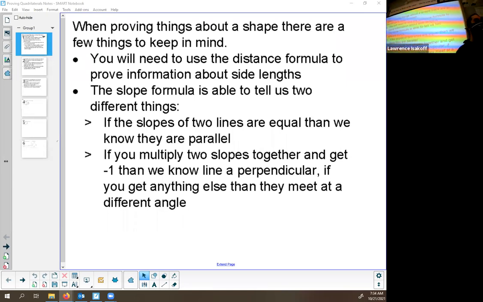So we're going to physically look at the shape and go like, hey, it looks like it's this. Use that as your starting point, as your hypothesis, so to speak, and then collect the evidence to see if it is or not. Sometimes it may look like a certain shape, but then the evidence says it's not. We're going to go with what the evidence says, not what our gut says.